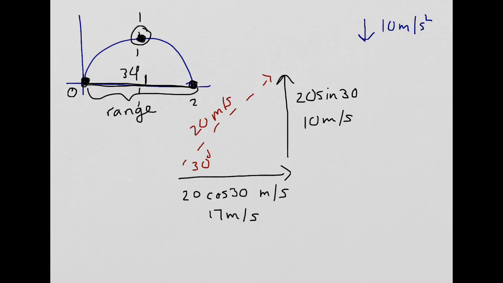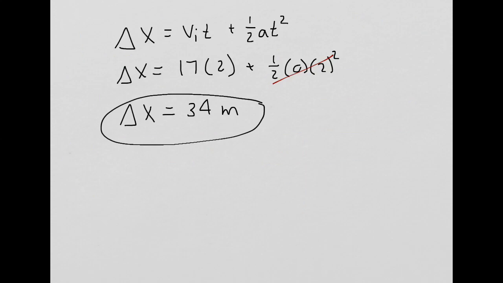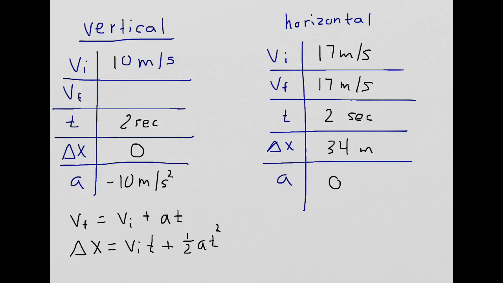Okay, so what I can do is now plug into the vertical component to find its maximum height, which will be its displacement with respect to the vertical. So now delta x again equals vi times t plus 1/2 at squared. And so we're trying to find the displacement with respect to the vertical at time 1 second. I know that the initial velocity of the vertical was 10 meters per second. The acceleration is still negative 10 meters per second squared.